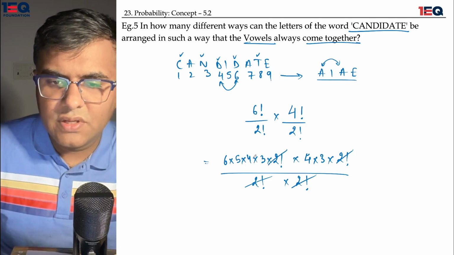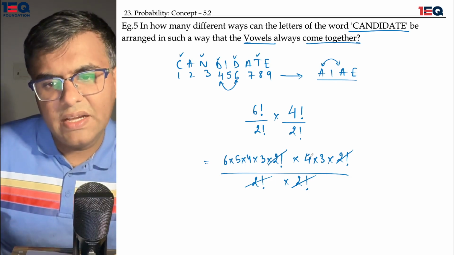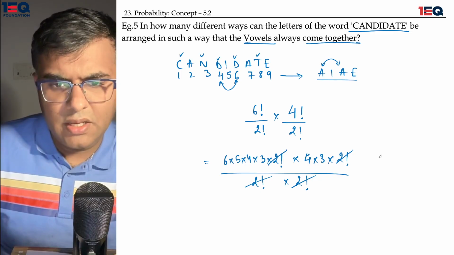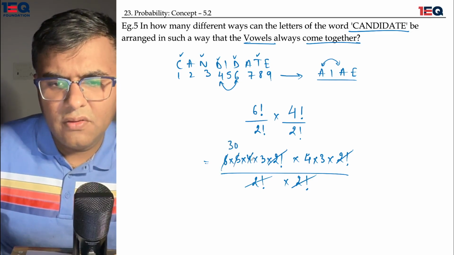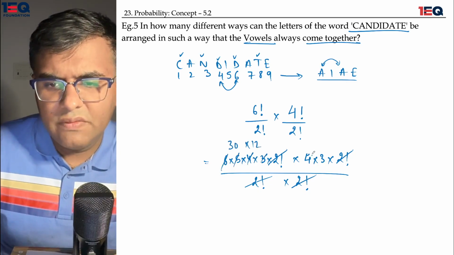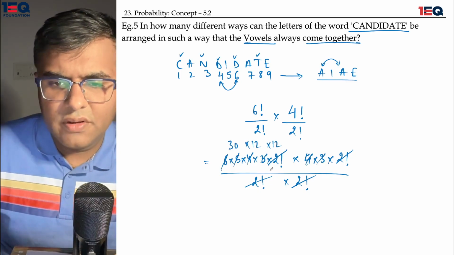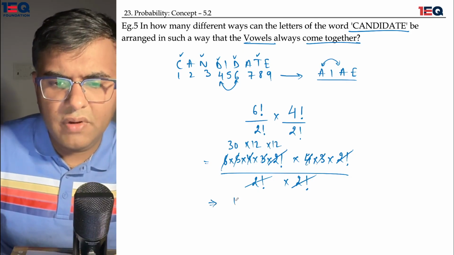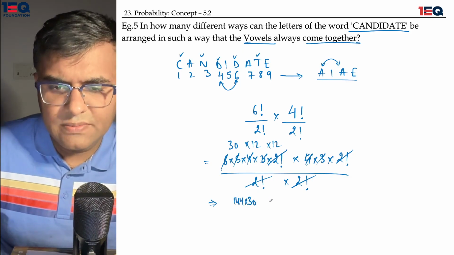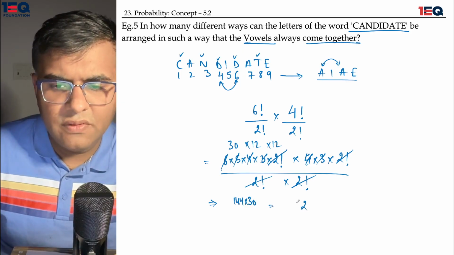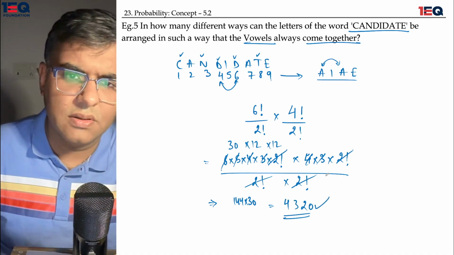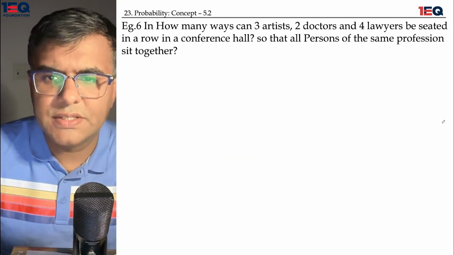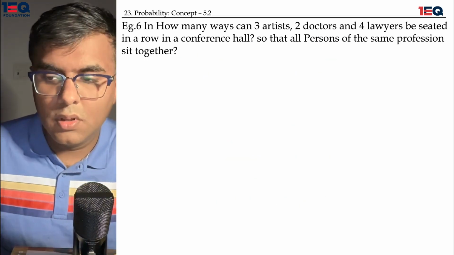No, I'll do it in a better way. 5 6s are 30, we have 30. 4 3s are 12, we have 12 here, and we have another 12 here. 12 into 12 is 144, 144 into 30 is my answer. So 4320 is my answer. Right? Moving to the next question.